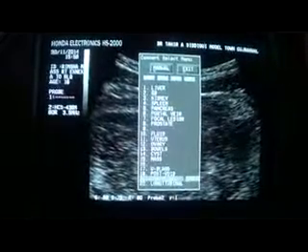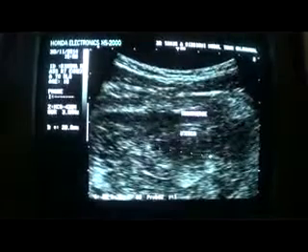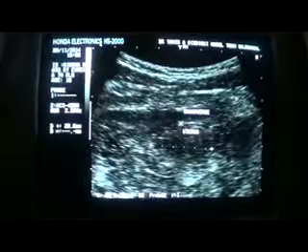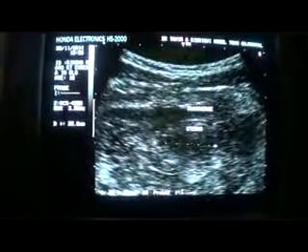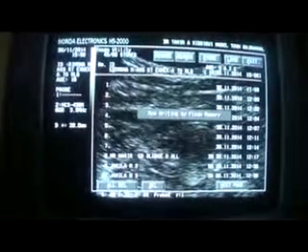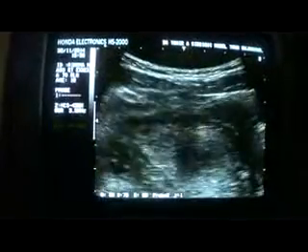This is the uterus in transverse section. In transverse section it measures 2.8 centimeters, and being nulliparous, it's within normal dimensions.